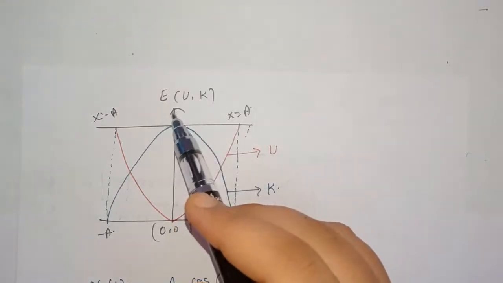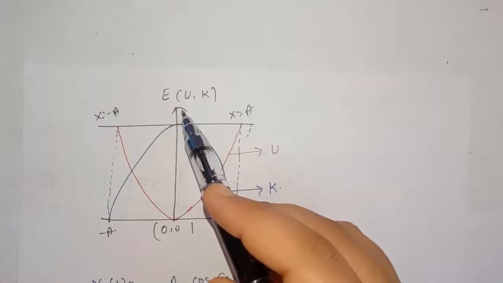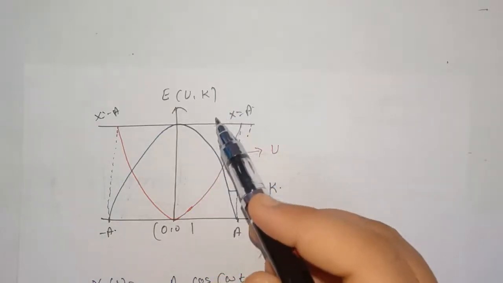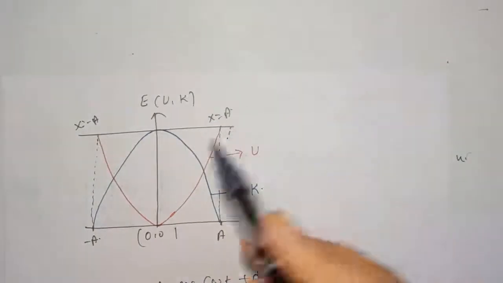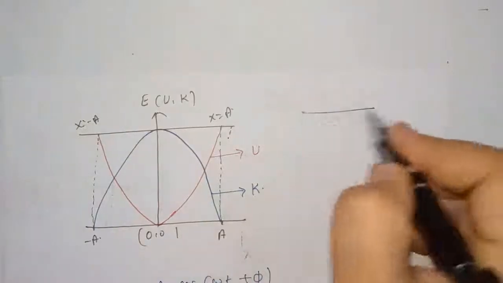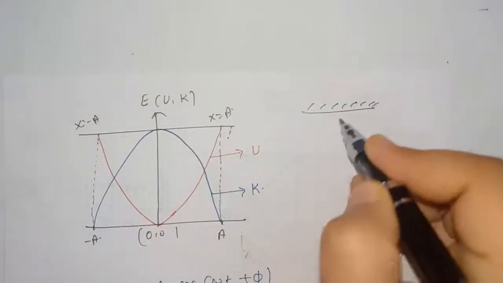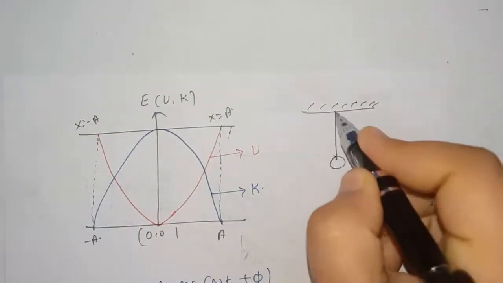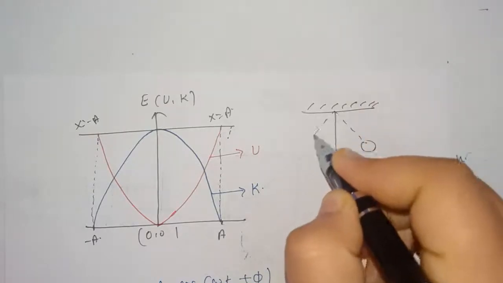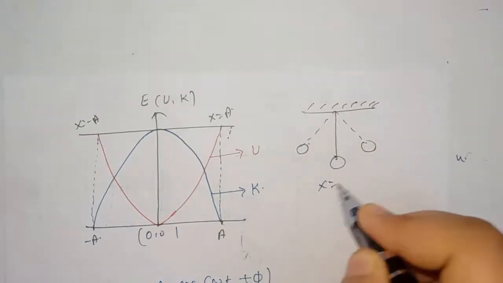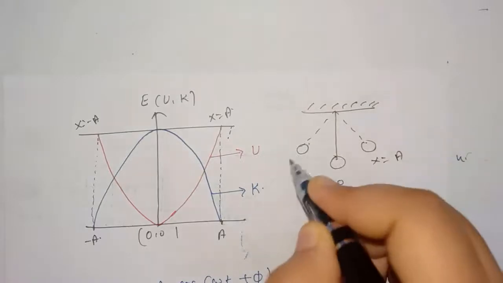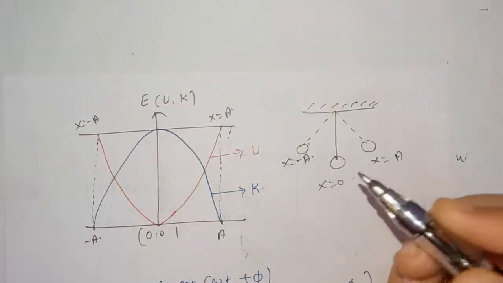Here we are plotting the graph of both potential energy and kinetic energy with the position. Let us take the reference of the pendulum. This is x equals 0, x equals a and x equals minus a.